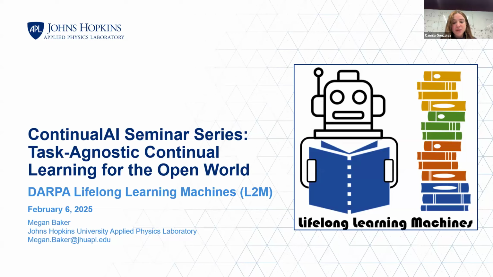Megan is the supervisor of the AI development section in the artificial intelligence group, where she leads efforts to push the boundaries of AI capabilities. Her work exemplifies a commitment to leveraging cutting-edge AI to address complex, multidisciplinary challenges and has spanned diverse technical domains, including biological signal processing, remote sensing, and the testing and evaluation of lifelong learning systems. So with that, Megan, I will hand it over to you.